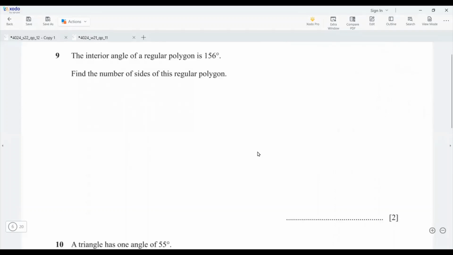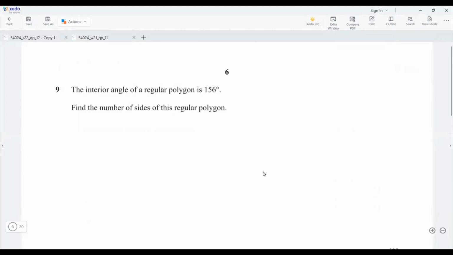Moving towards the next question, question number 9, it is related to the interior angle of a regular polygon. We must remember the formula for the interior angle of a regular polygon. I'm writing it down here for your remembrance, and it must be remembered in order to get full marks on this specific question.